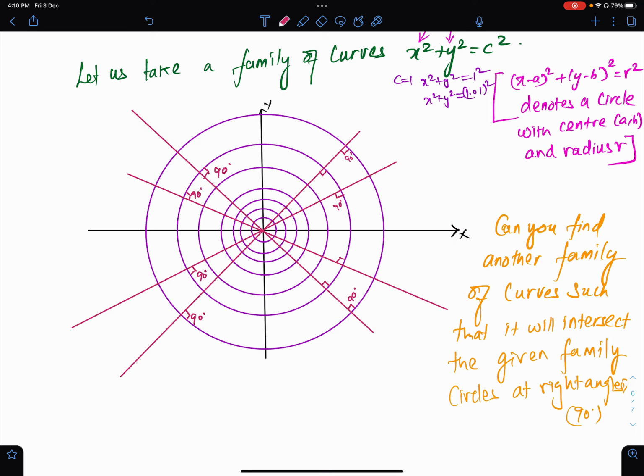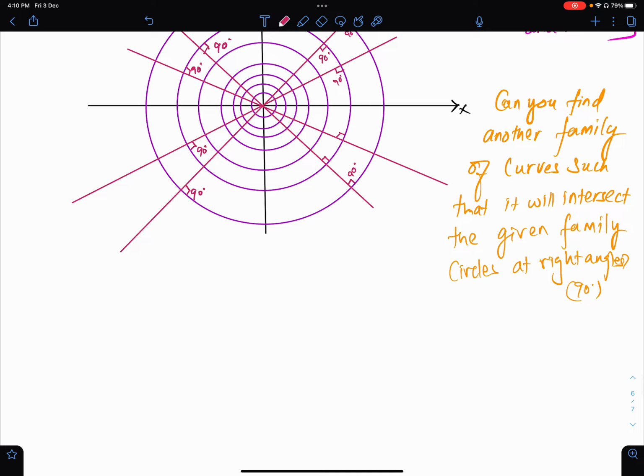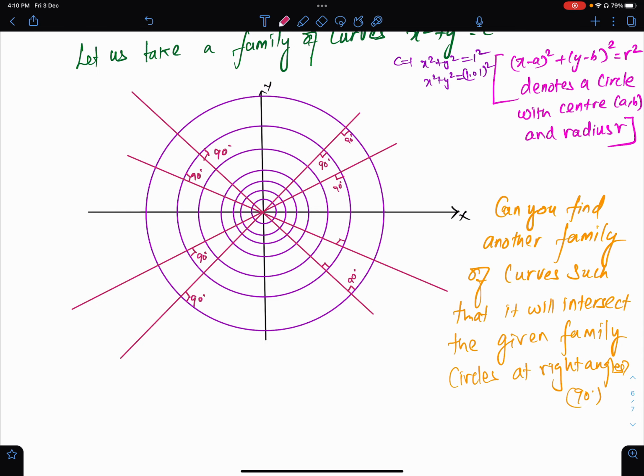So the orthogonal trajectory of the given family of circles having center at origin is the family of straight lines passing through the origin. That's all.